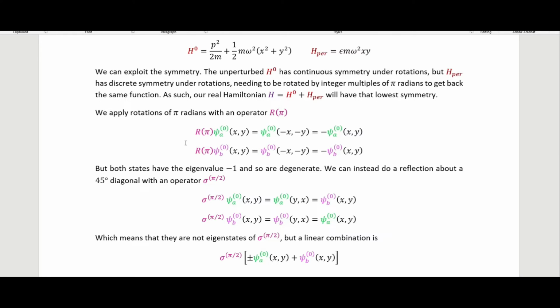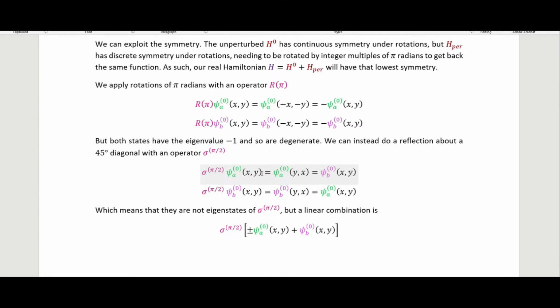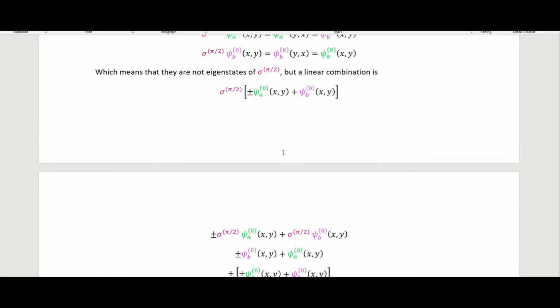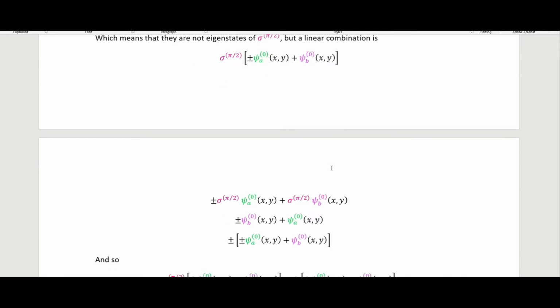rotation here. We can instead do a reflection about the 45-degree angle operator, which just interchanges the x and y here. And so when we acted on our psi sub a, we just get the psi sub b, and when we acted on the psi sub b, we get the psi sub a, which means they're not eigenstates of our sigma here, but a linear combination of them is our eigenstates of this sigma here, this reflection operator.